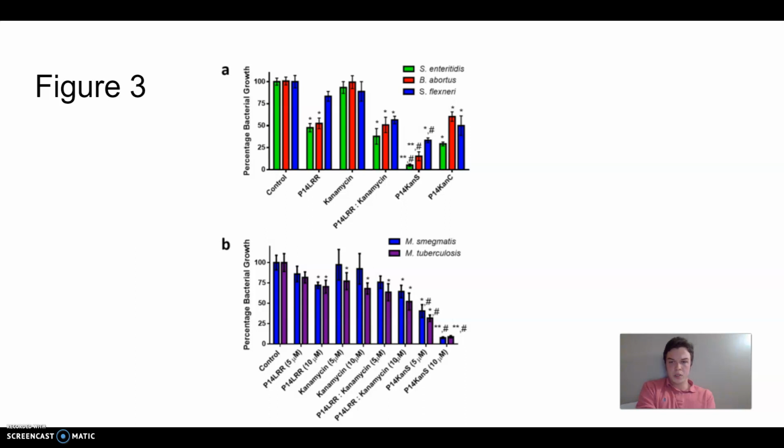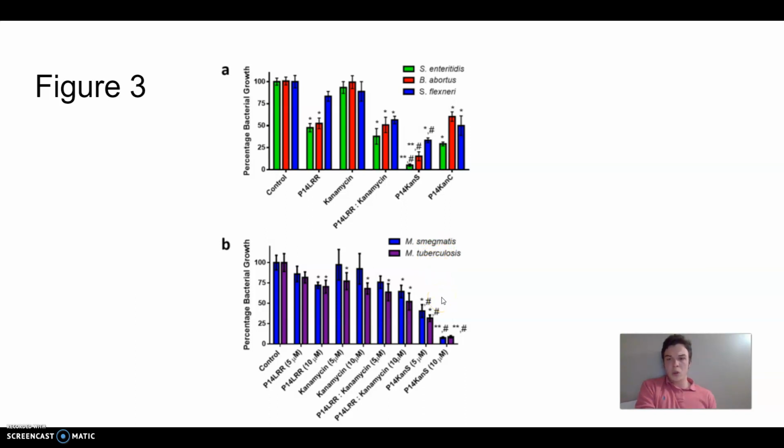So we see that the P14 CAN-S conjugate effectively lowered the levels of M. smegmatis by 95%, and lowered M. tuberculosis levels by 93%.